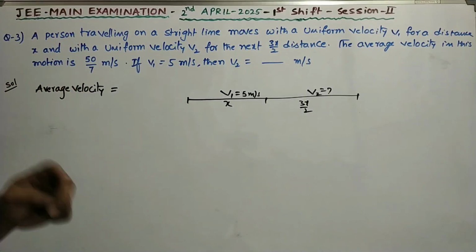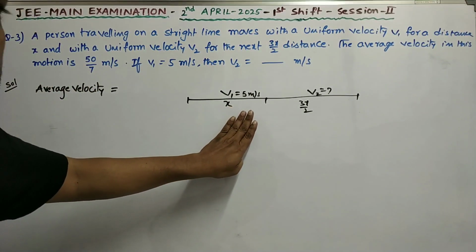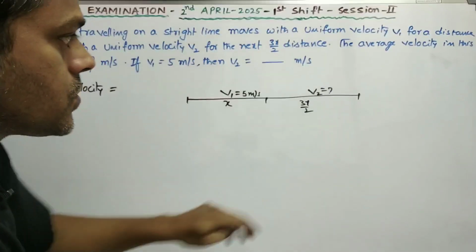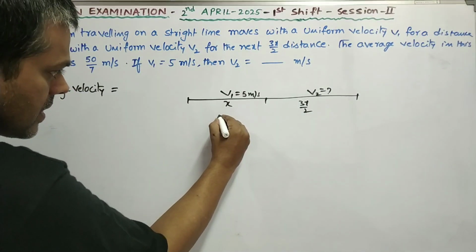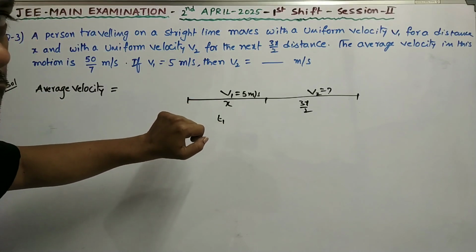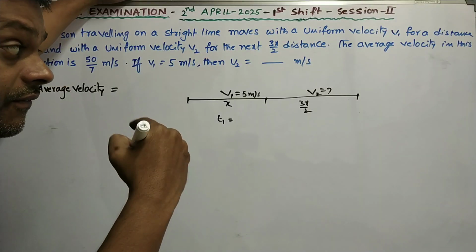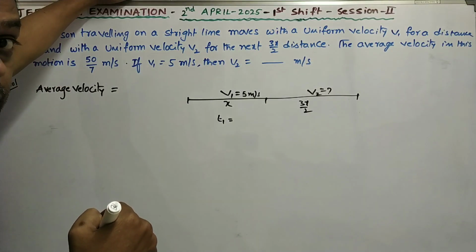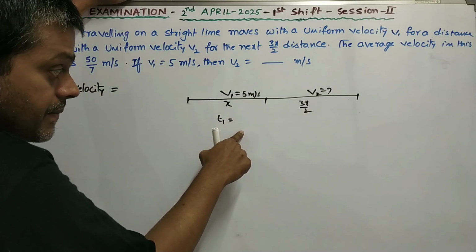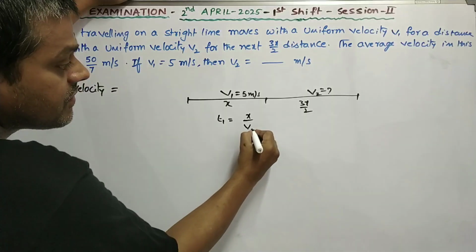So the total length of the path D is divided into two parts. The first part has length x, and the second part has length 3x by 2. The x distance is covered in time t1, but the time term is not involved in this question, so it is converted into velocity and displacement. Velocity is distance by time, so time is displacement by velocity V1.